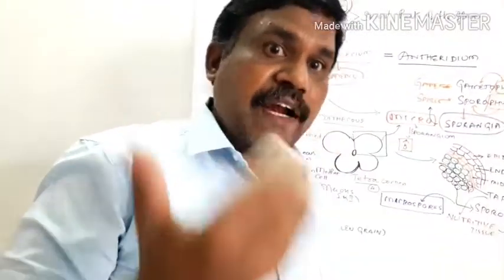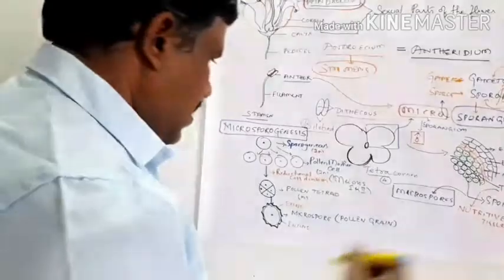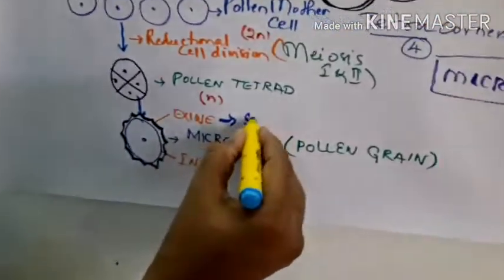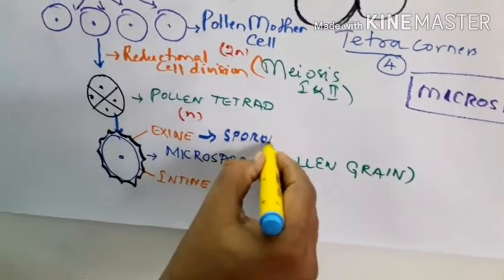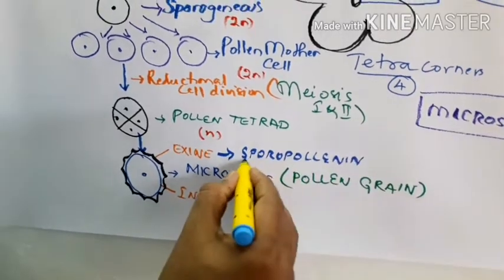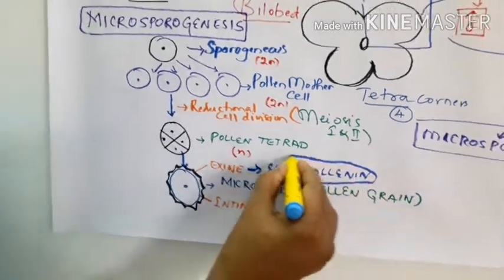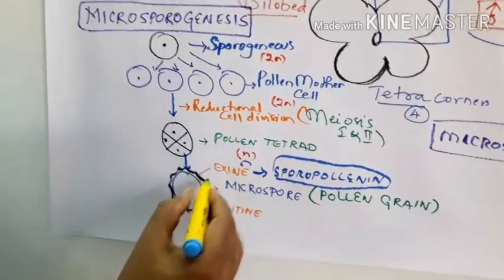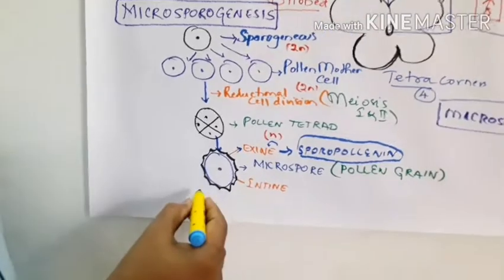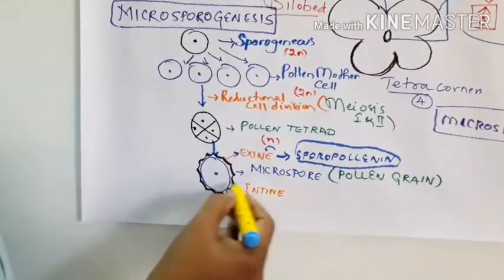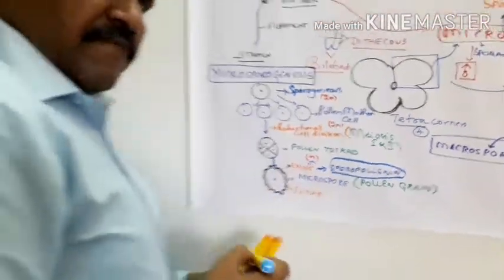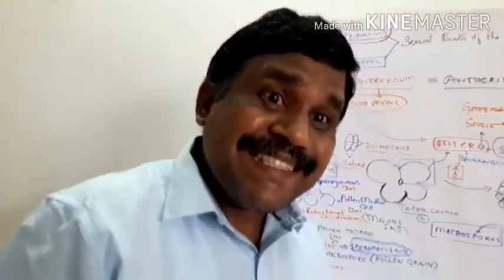It doesn't get destroyed because the exine consists of a very important chemical substance called sporopollenin. Sporopollenin is present in the exine, the outermost part of the pollen grain, and the intine is the innermost part.